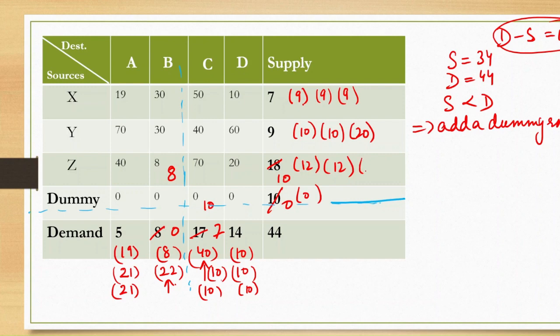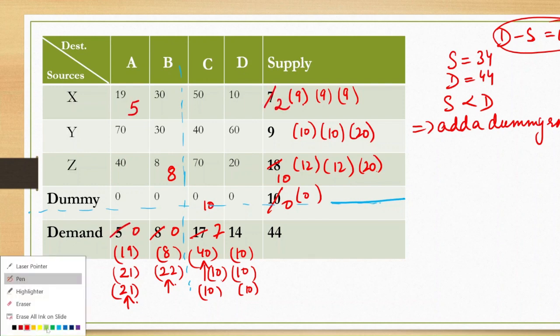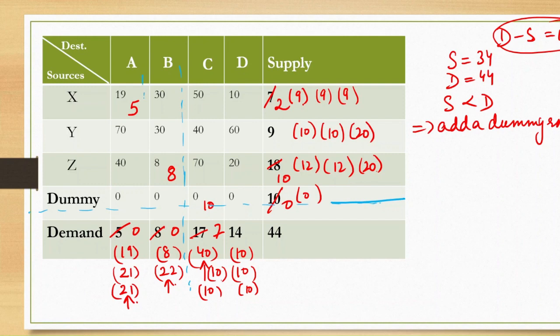And here 40 minus 20. So the maximum that we have is 21 and the lowest is 19. So out of the demand and supply, demand is 5, so it becomes 0 and this is 2. So again the destination has met all his demands, so we cannot calculate anything here. So this is also gone.